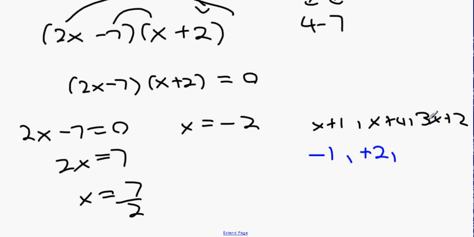And the one after that will be minus 4, because 3 times minus 2 plus 2 is minus 4. We can see that that's a geometric series. The one here, if x is 7 over 2, it's going to be 9 over 2, because 7 over 2 plus 1. And then it's going to be 7 over 2 plus 4, which is 15 over 2.